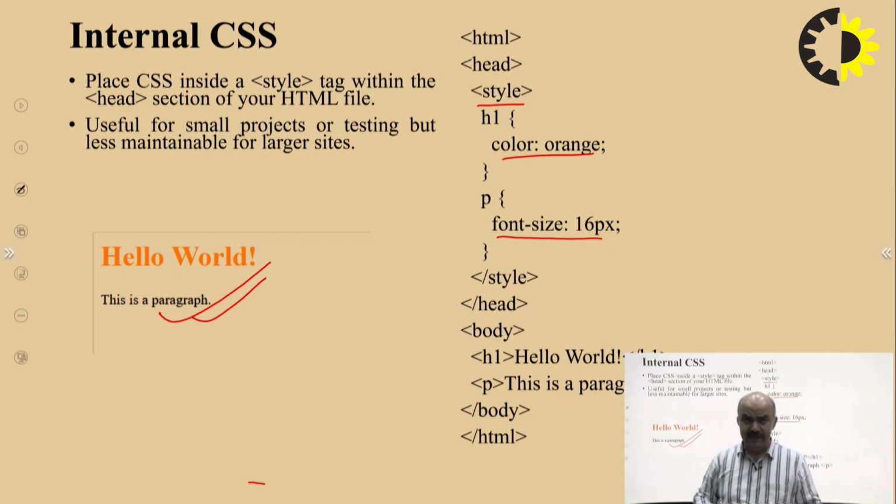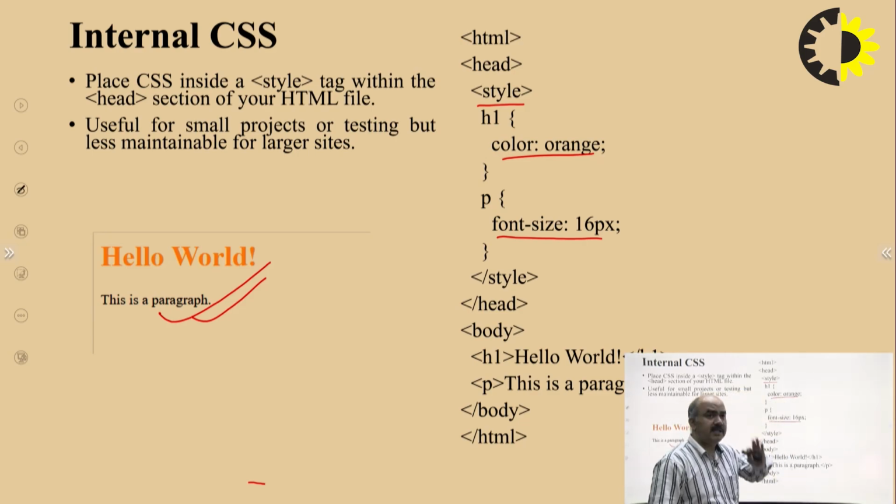If you see, in the previous examples we have taken the font size as 1.5em, and here as 16px. Both are units which define the size of the font. When we say em, that is basically a multiple of the parent font size.